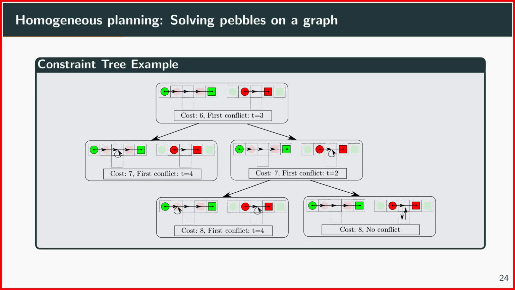But eventually these paths meet again and there will be another constraint. So the other path that might be useful for one robot to take would then never be taken if it's a global constraint. But if it's just a constraint for a subtree, then this would still be possible, right?